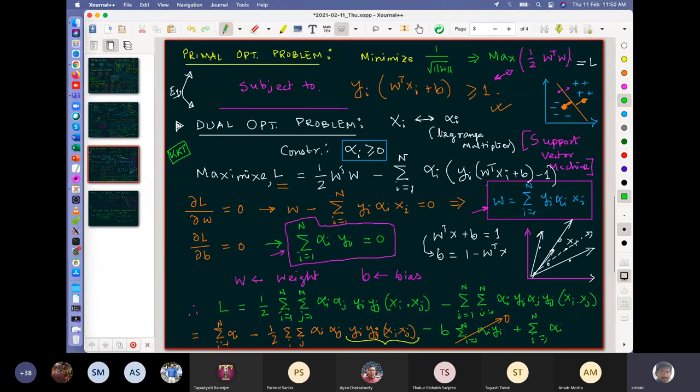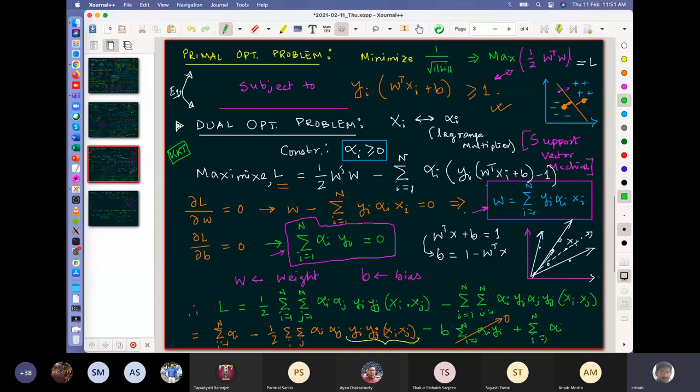What I did, I introduced something called a Lagrange multiplier and just multiplied the equation -1 by alpha i for all the points. So every point that is not a support is actually reducing the maximization factor a little bit more. With that value, I try to compute the derivative with respect to w and b, as we know, we do for the minimization, and we got these two conditions.